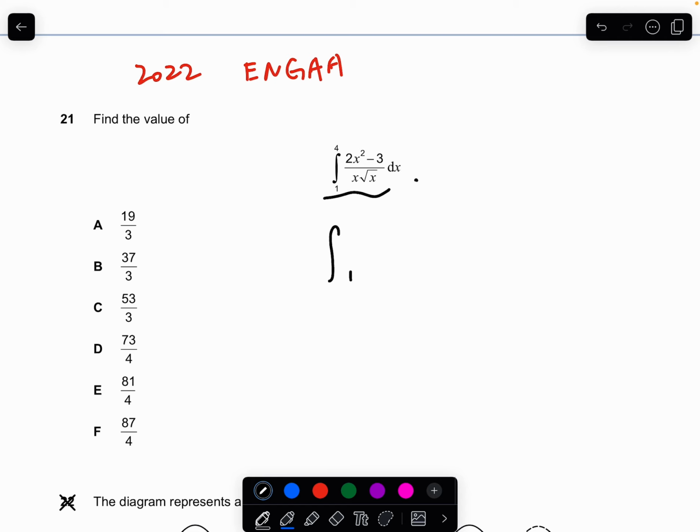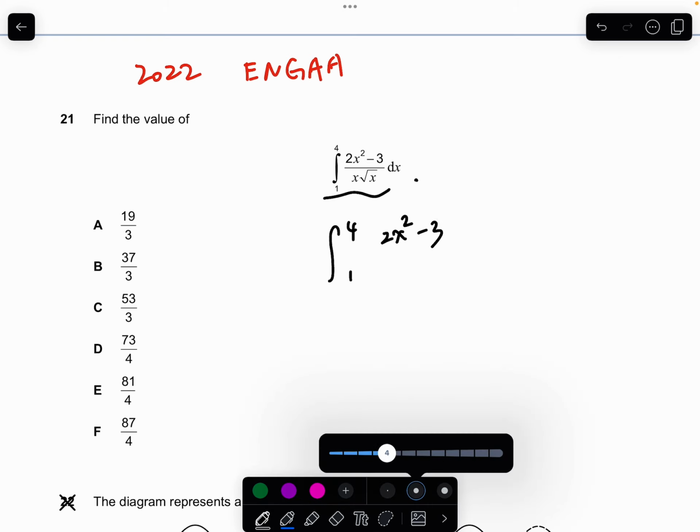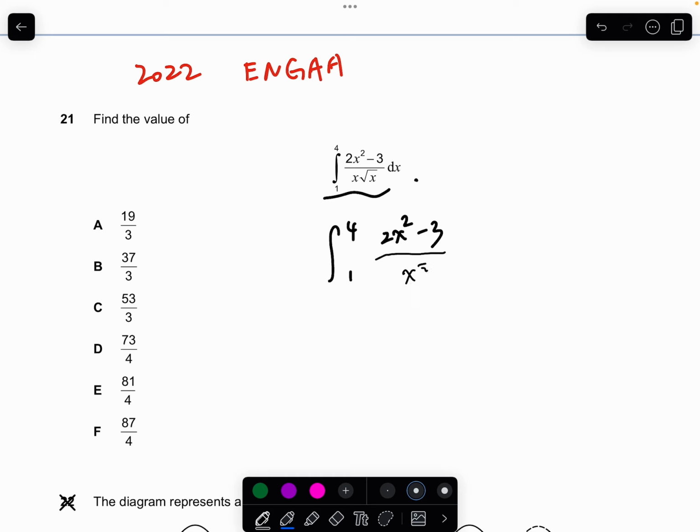Well, okay, we write it as x to the power of 3 over 2.